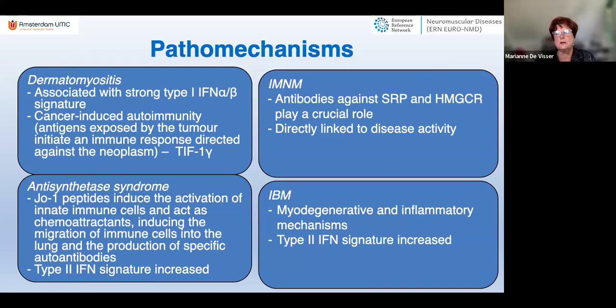I'll start with the mechanisms. What do we know about that? Well, we do know that in dermatomyositis, there is a strong association with interferons. Interferons are cytokines playing a role in the immune system.